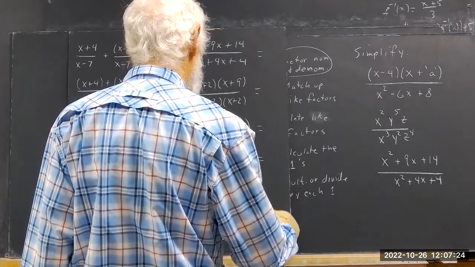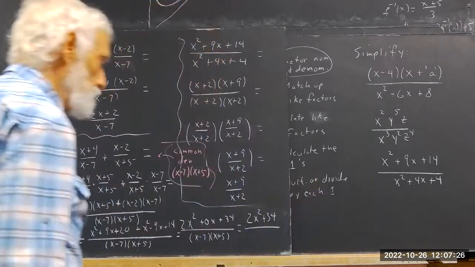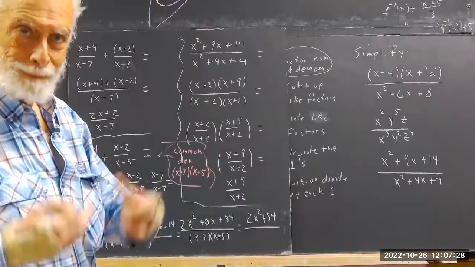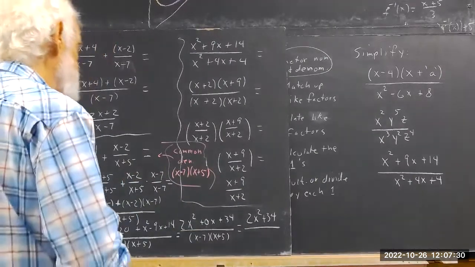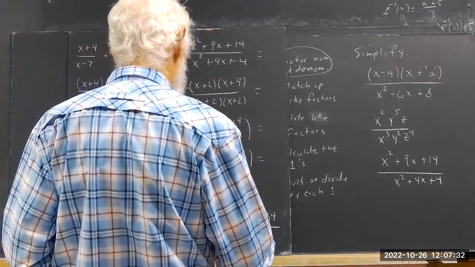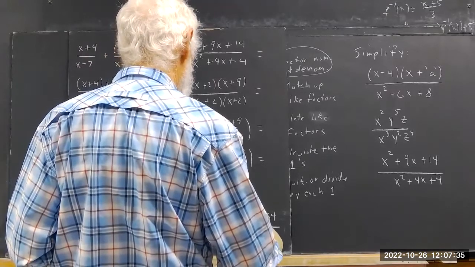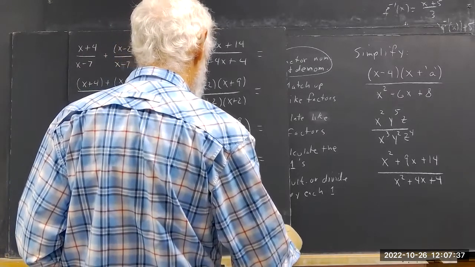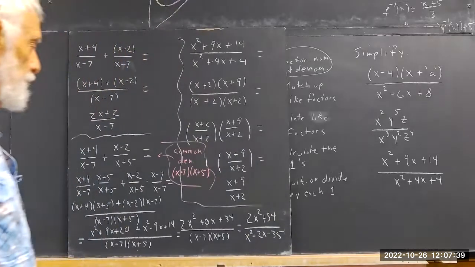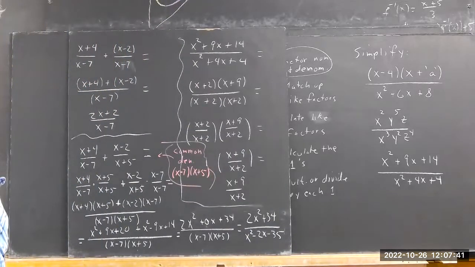On the final step, since you can't factor the numerator, open math is going to coach you on that. You got this, then you got x squared minus 2x minus 35. Okay.